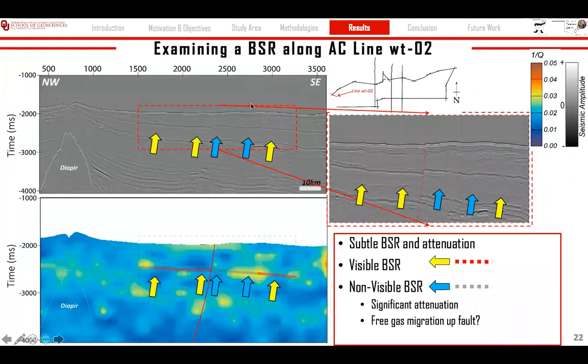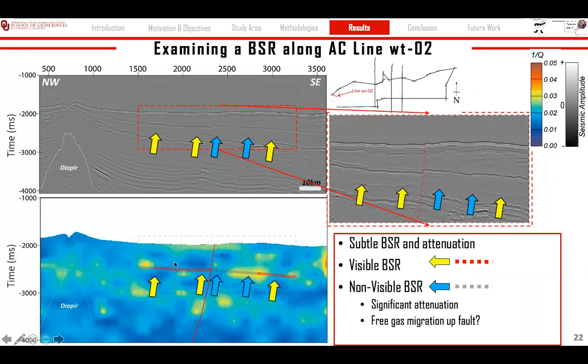Additionally, we examine a subtle BSR along Alaminos Canyon line WT-02. We show here a zoomed in image of the BSR with the yellow block arrows, and we can observe this BSR along the seismic line.